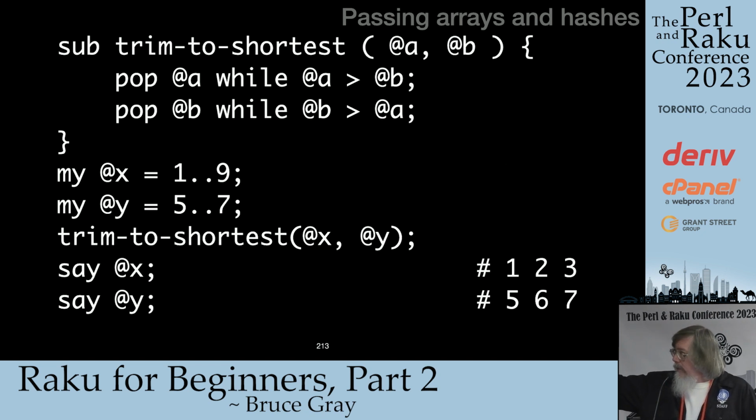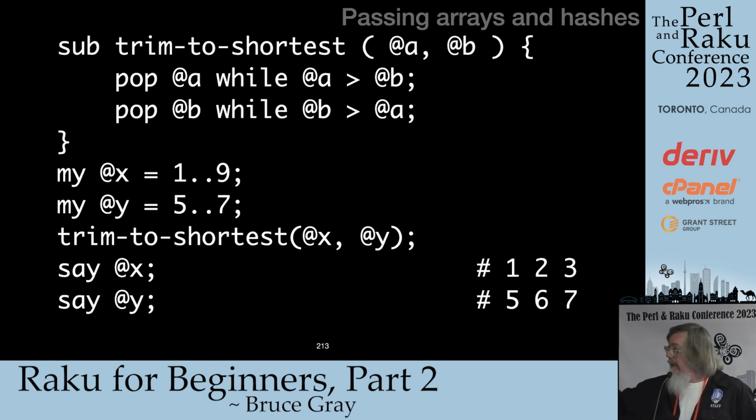Okay, you want to pass arrays or hashes. In Perl, everything flattens. In Raku, nothing flattens unless you make it with a hammer. So I can legitimately say, give me 2 lists, top line, and third line from the bottom, call it with 2 lists. I don't have to put backslashes in front of it.